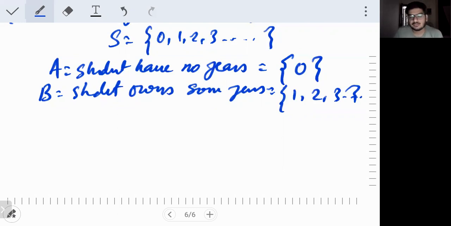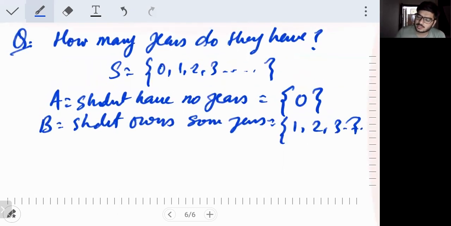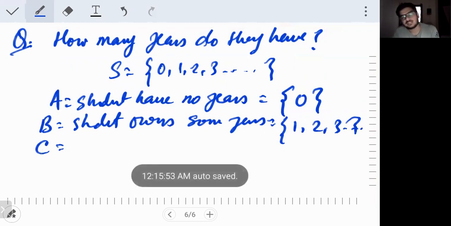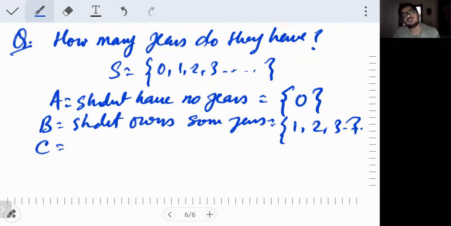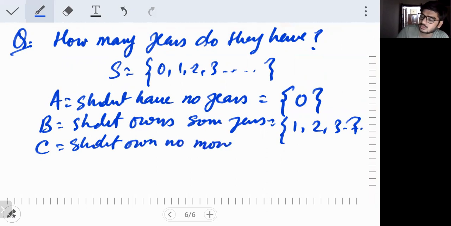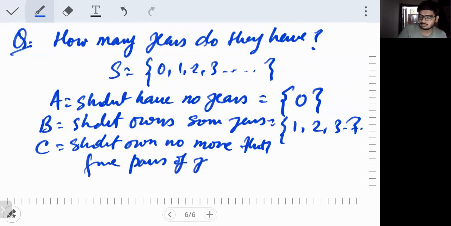Now consider another event C, that a randomly selected student owns no more than 5 pairs of jeans.